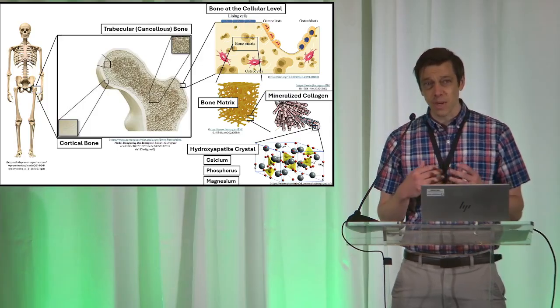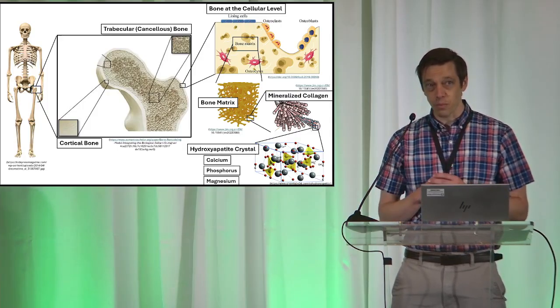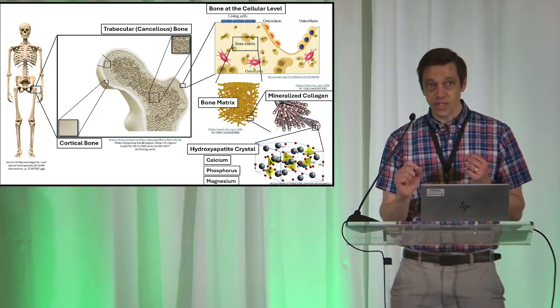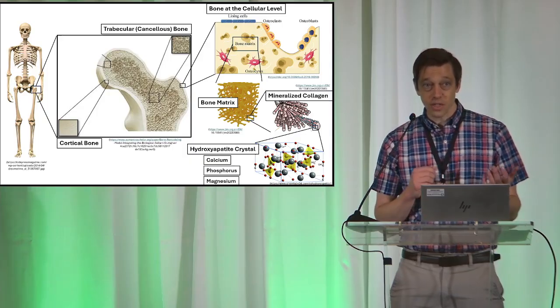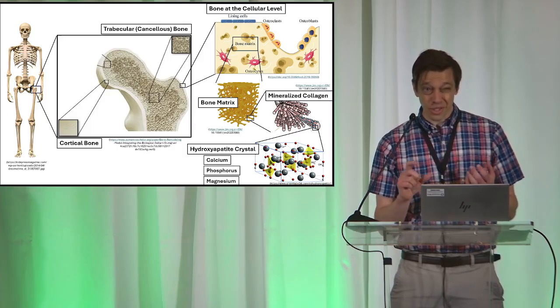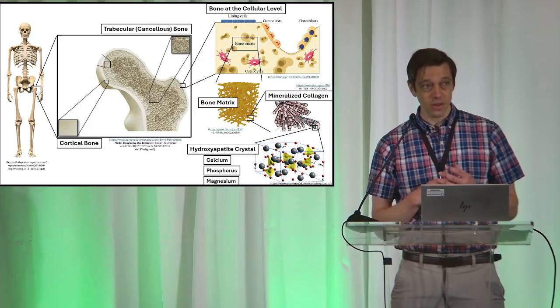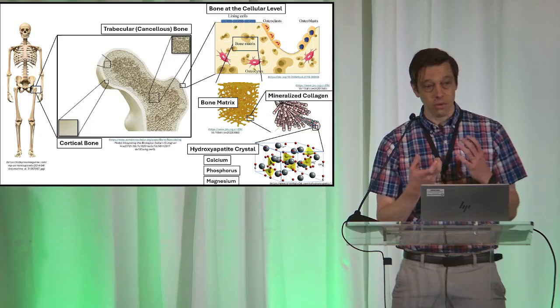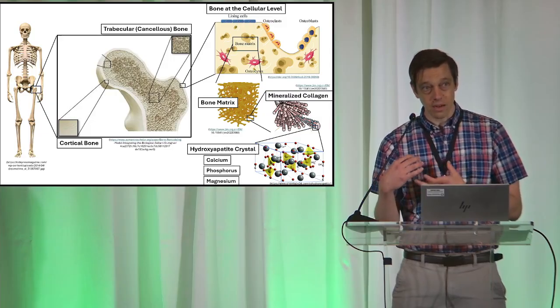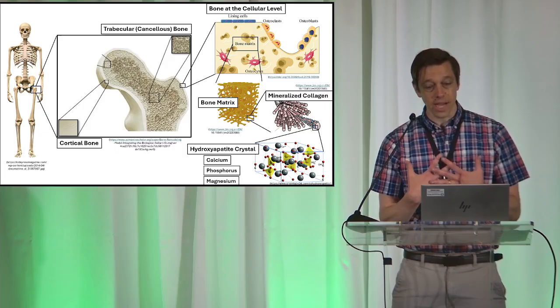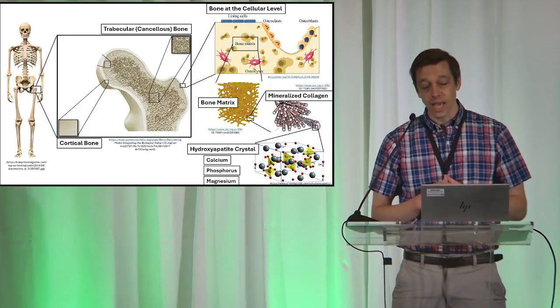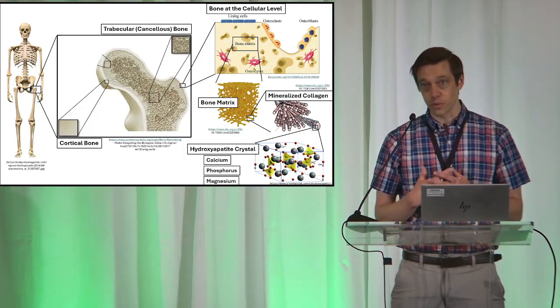You can almost think about it as like at its smallest form, we have these collagen fibers. Each of those collagen fibers is almost sugar-coated, except hydroxyapatite coated with minerals, and then those are all wrapped together. Each of those then are formed into a web, and then on top of that web and within, we have cells that are maintaining the bone.